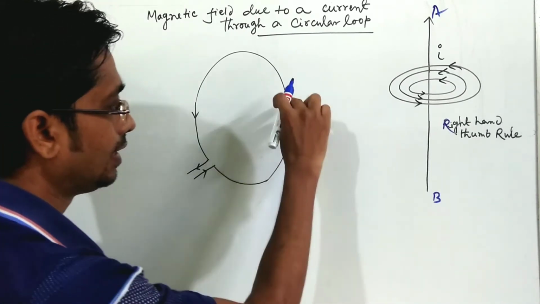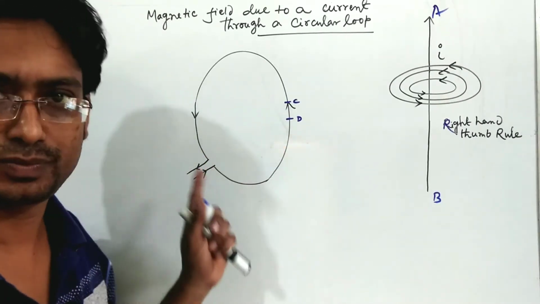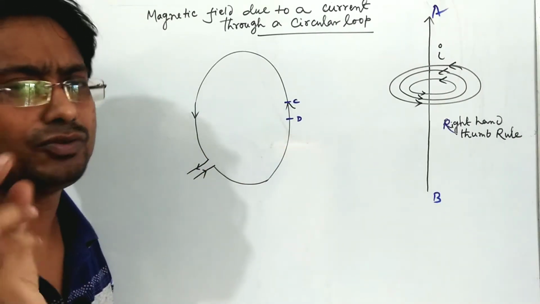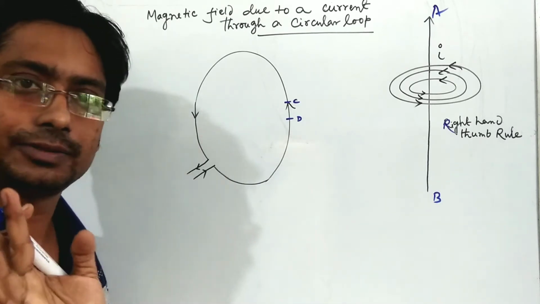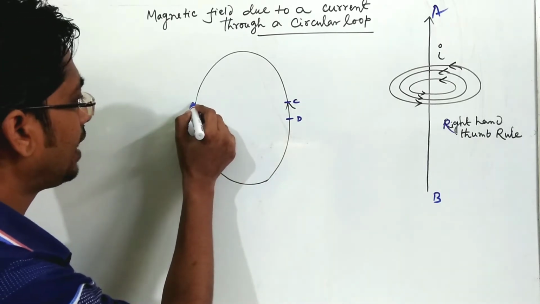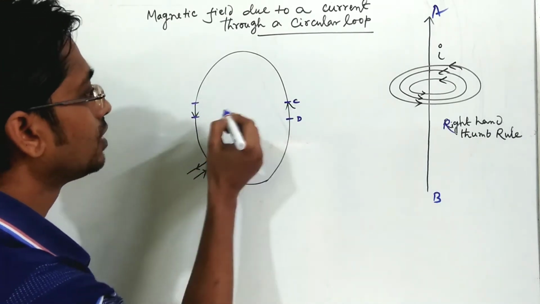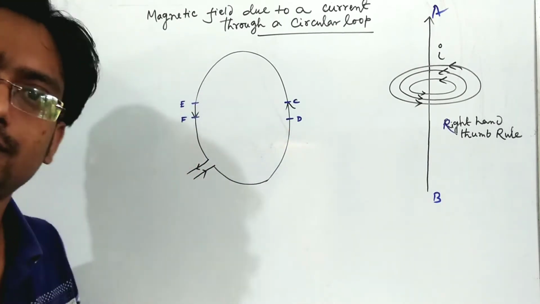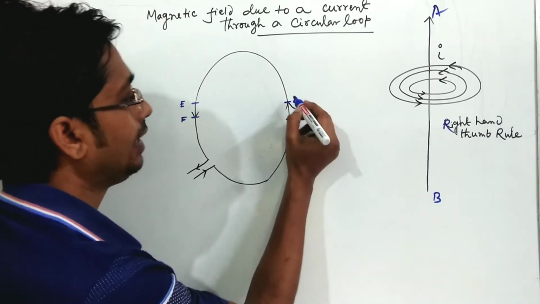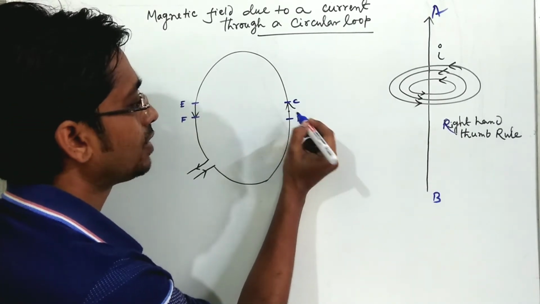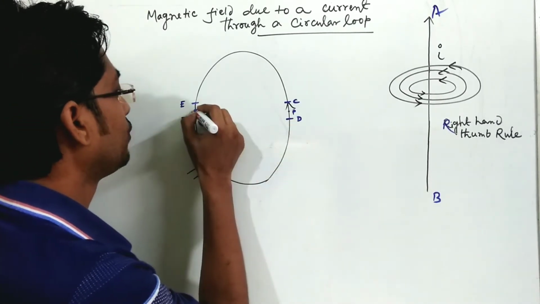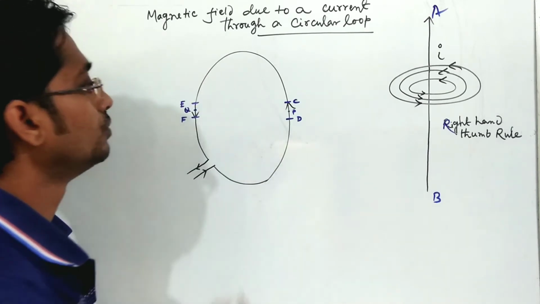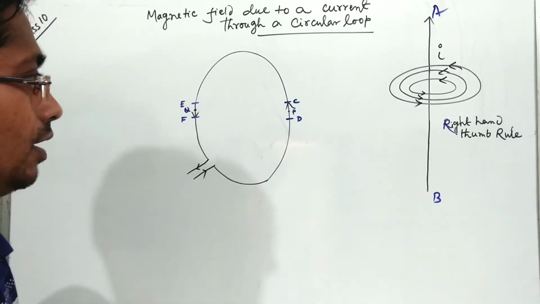This line CD is a part of a circle, and you can assume it as a straight line. Also you can assume the EF part as a straight line. In the CD part we have taken one point, suppose P, and we have taken another point here, suppose Q. We have taken 2 points.